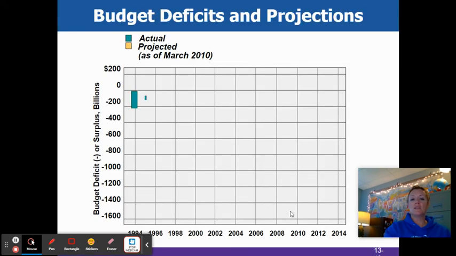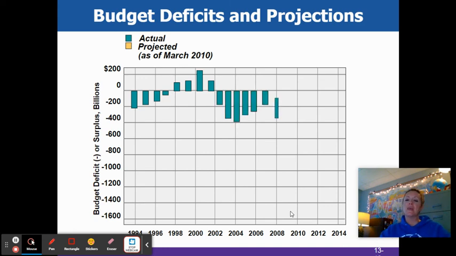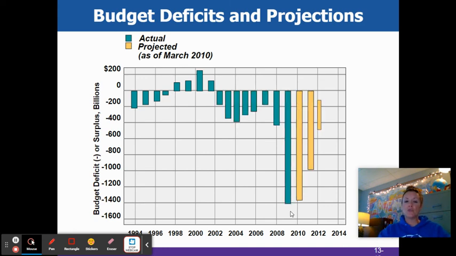So just to give you a little idea of what kinds of budget deficits and surpluses we're talking about, this is a graph that shows budget surpluses and deficits from 1994 through 2014. So you can see the last time that we had a budget surplus was here in the early 2000s, prior to September 11th of 2001.